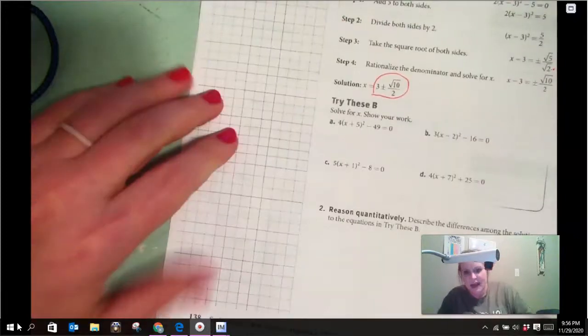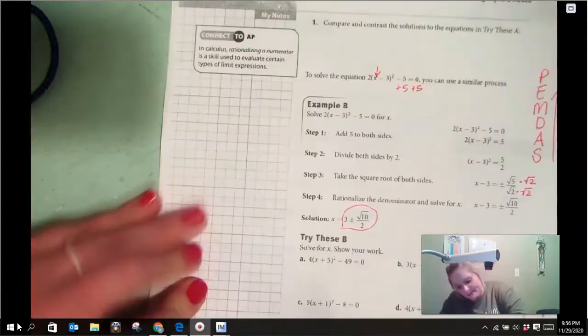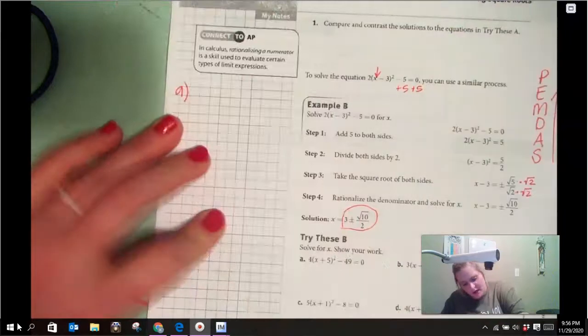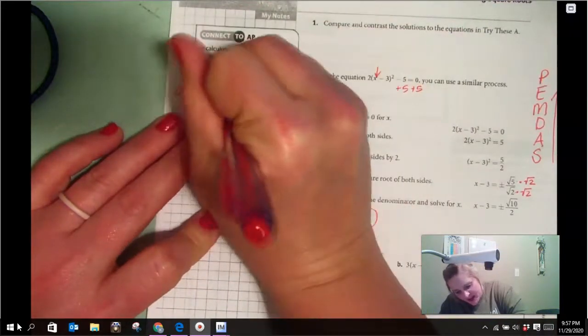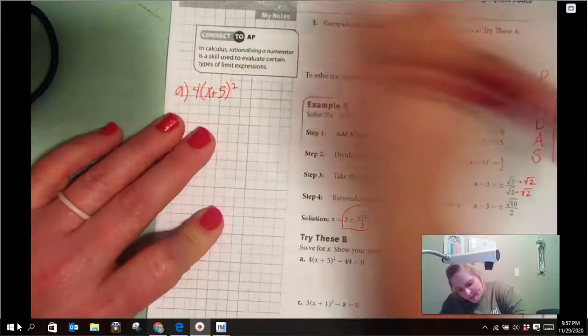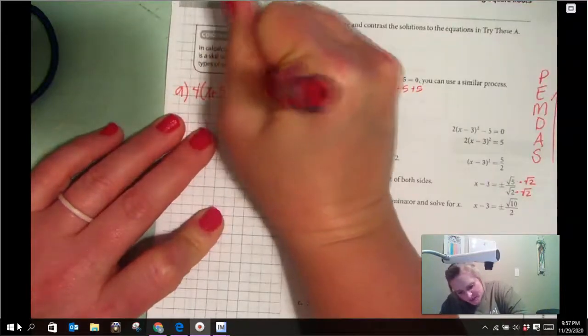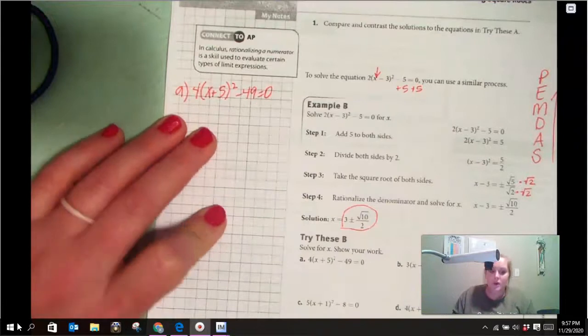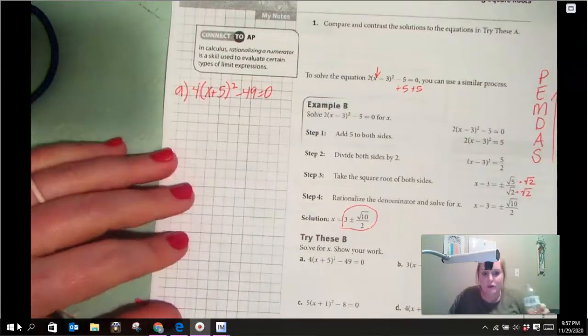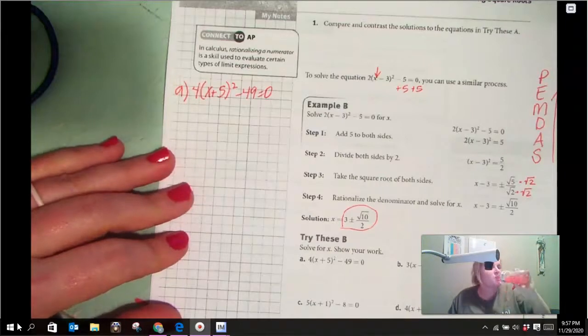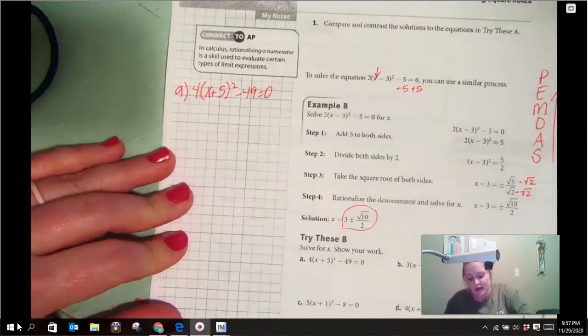So let's look at A. I'm gonna do this here. We've got 4 open parentheses x plus 5 squared minus 49 equals 0. Okay, so it seems like it's hard, but honestly, you guys, it's the same thing over and over and over again. So first thing I need to do is get rid of that minus 49.